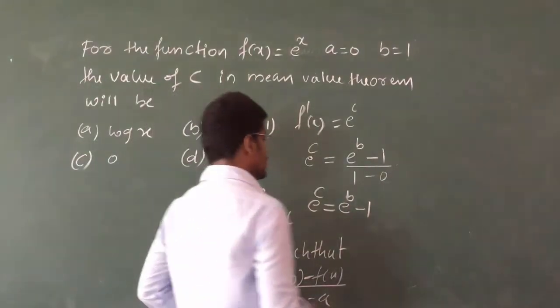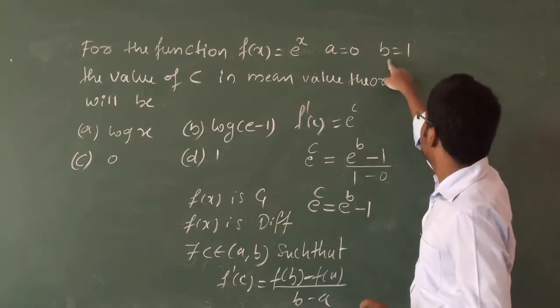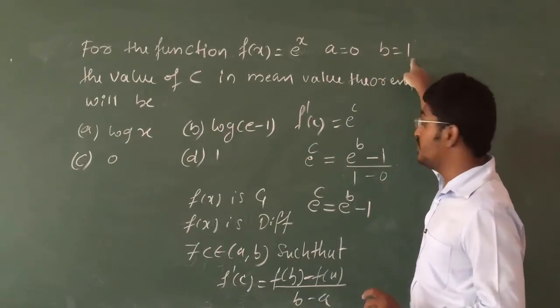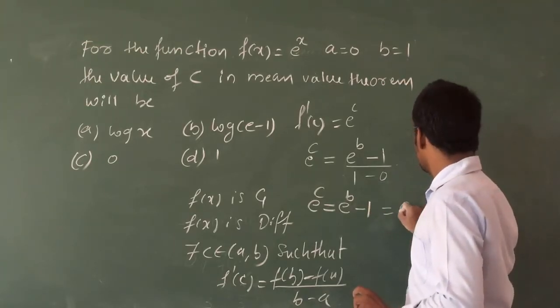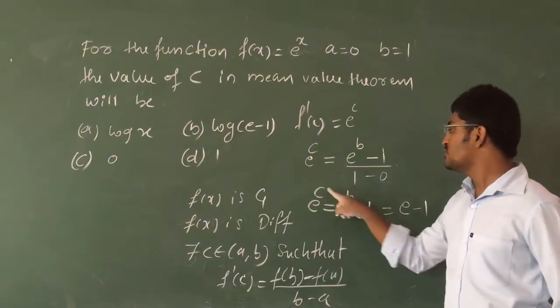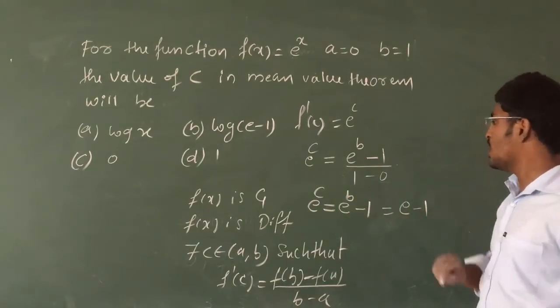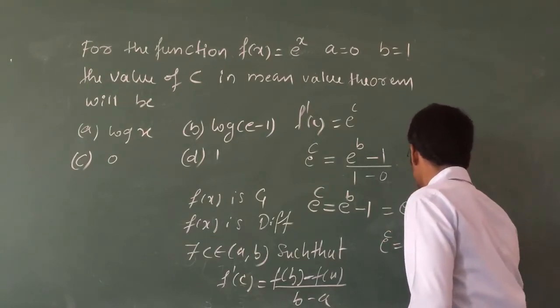Clear? Then the b value is 1. If you put the b value as 1, it will be e minus 1. e to the power of c is equal to e minus 1. Clear?